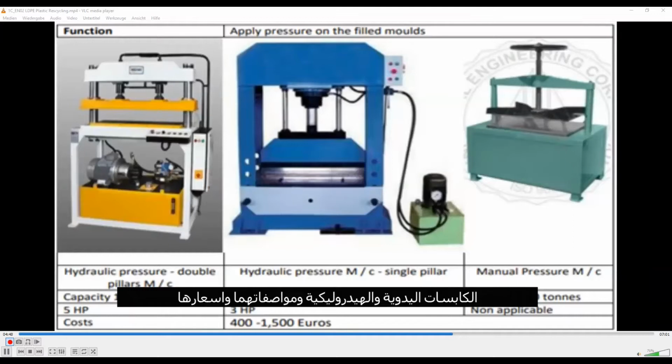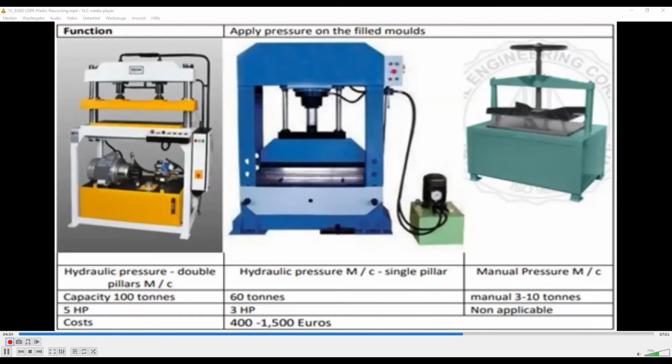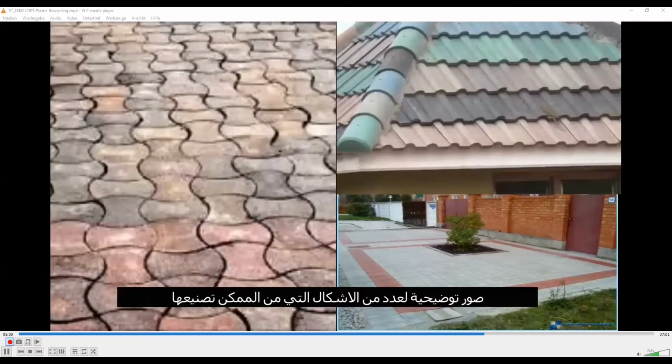You can see manual pressure, hydraulic pressure, and double pillars hydraulic pressure. You can see the types of pressure we can use to create such tiles. And also they can create roof tiles with this material.